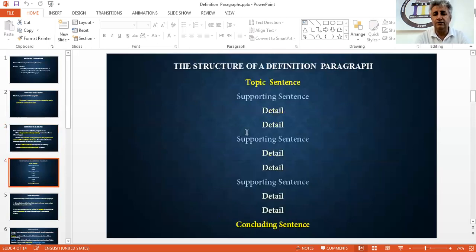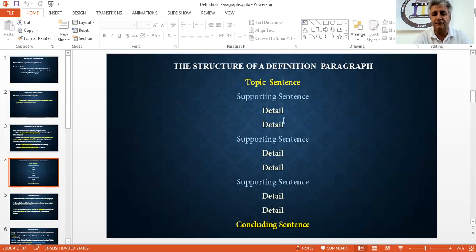Now let's go to the structure of this definition paragraph. Like other paragraphs, a definition paragraph has a topic sentence at the beginning. The main idea of the writer is in the topic sentence. Then we have supporting ideas, and we give details to each supporting idea.